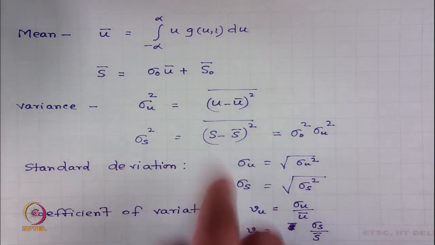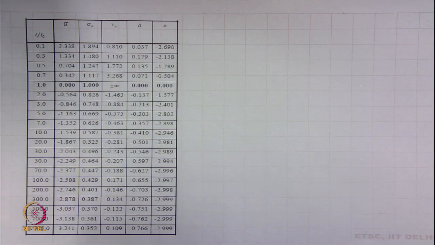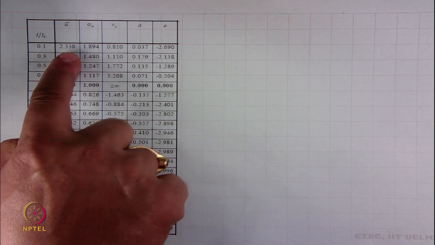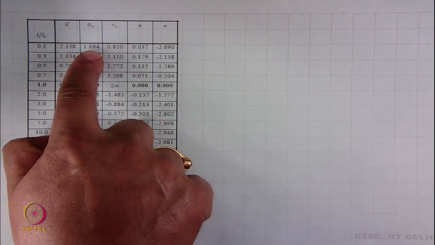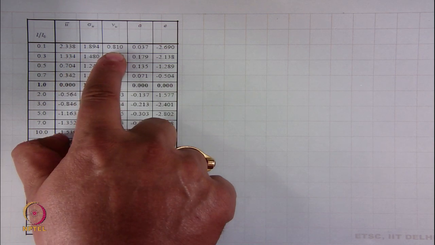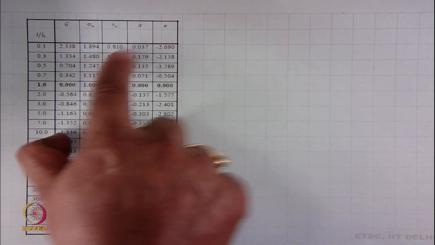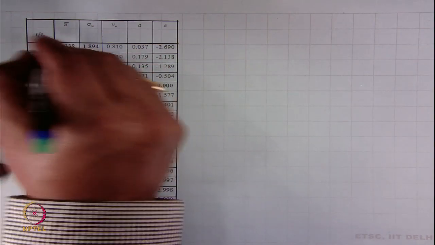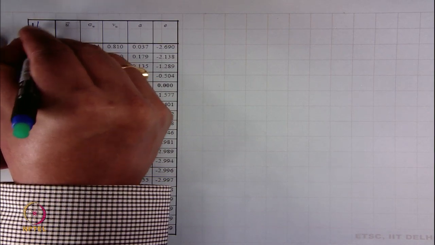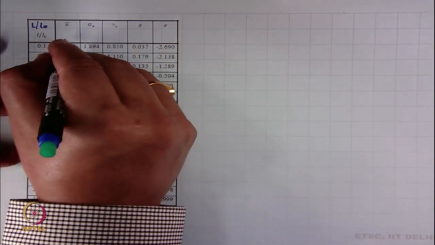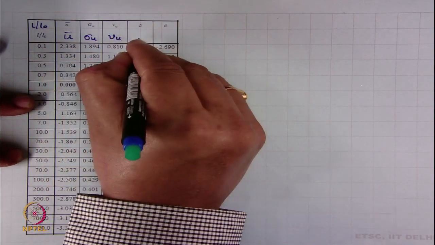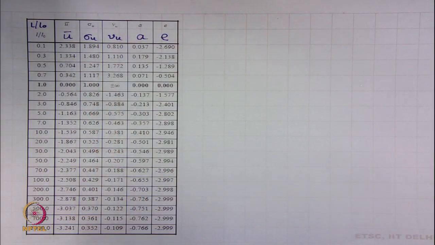Similarly, variance, standard deviation, skewness, kurtosis, all you can see here. When L by L naught is 0.1, this is the value of u bar, this is the value of standard deviation of u, this is the value of coefficient of variation of u, this is skewness, this is kurtosis. So, this is L by L naught, this is u bar, sigma of u, nu of u, a, e for different values.